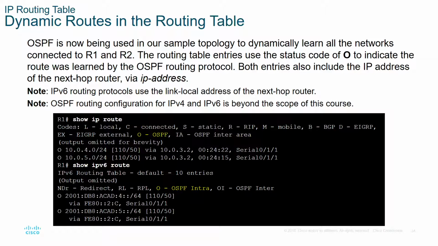Both entries also include the IP address of the next hop router via IP address. Note IPv6 routing protocols use the link local address of the next hop router. Also note that OSPF routing configuration for IPv4 and IPv6 is not something that we're going to specifically cover in the module.